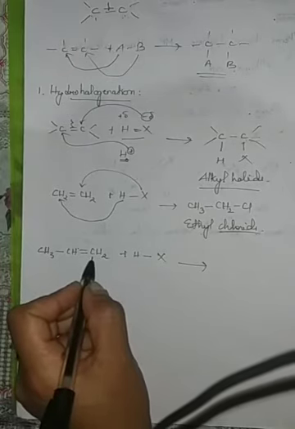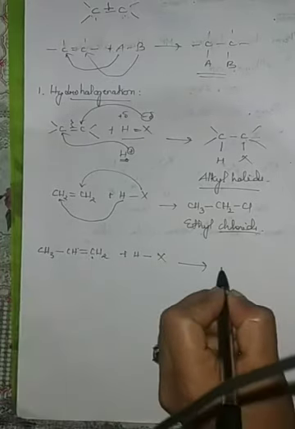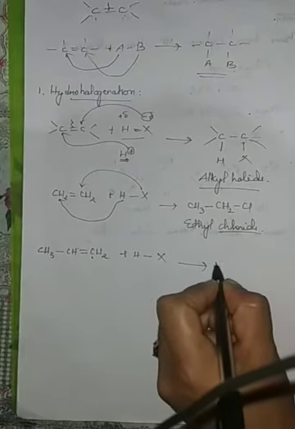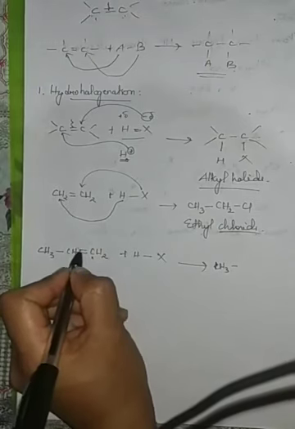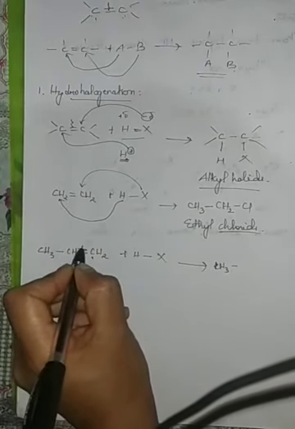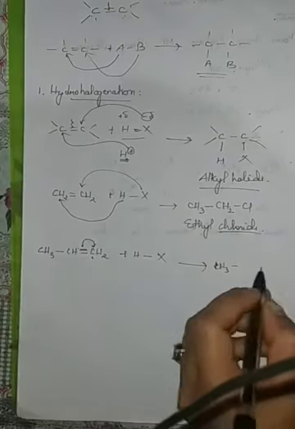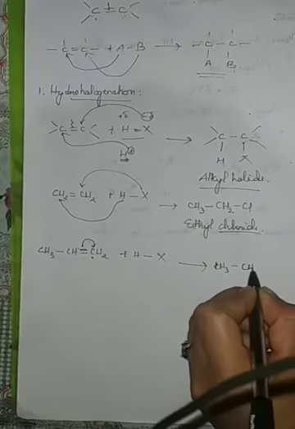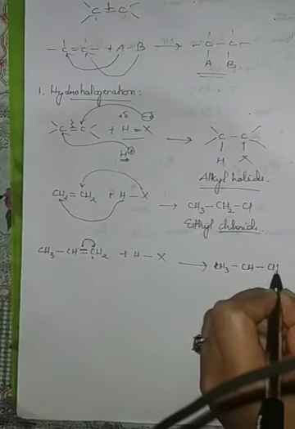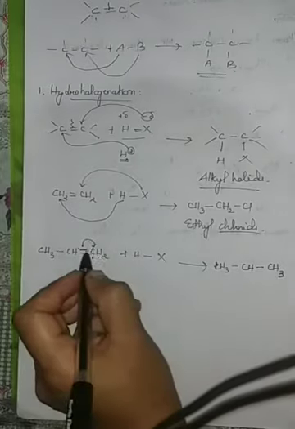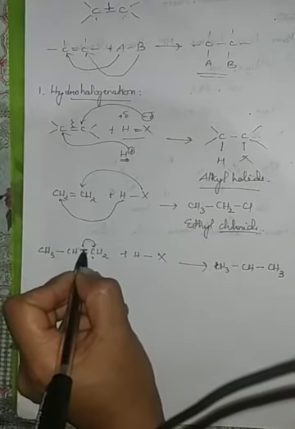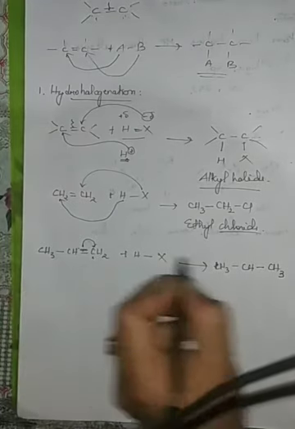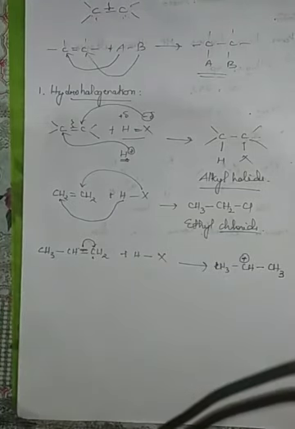Our case here would be CH3. This bond breaks, and the whole thing comes to this carbon atom. Therefore, we'll be getting CH, single bond, CH3, and since the double bond broke and the two bonding electrons went to this carbon atom, we'll be getting a positive sign here.